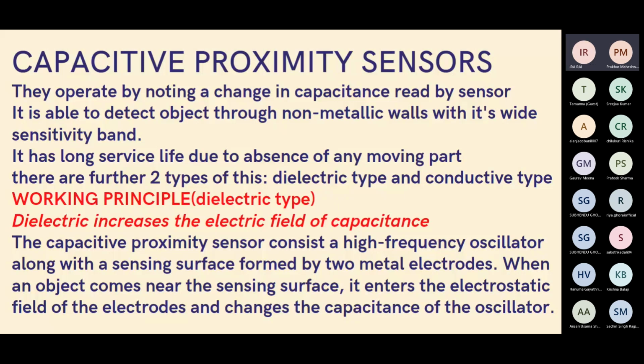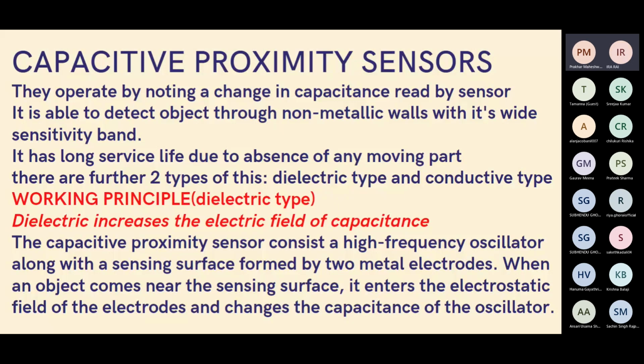In this case, we have mainly two types of capacitive proximity sensors. One is the dielectric type and the other is the conductive type. They have slightly different working principles. We'll first study the dielectric type capacitive proximity sensor.